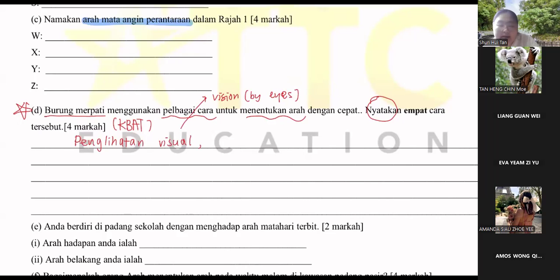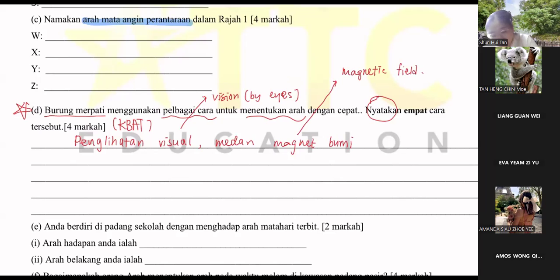You see, birds are something that is very sensitive about the magnetic field. So you can say they can also determine based on medan magnet bumi. Okay? Magnetic field. They are very sensitive with magnetic field.